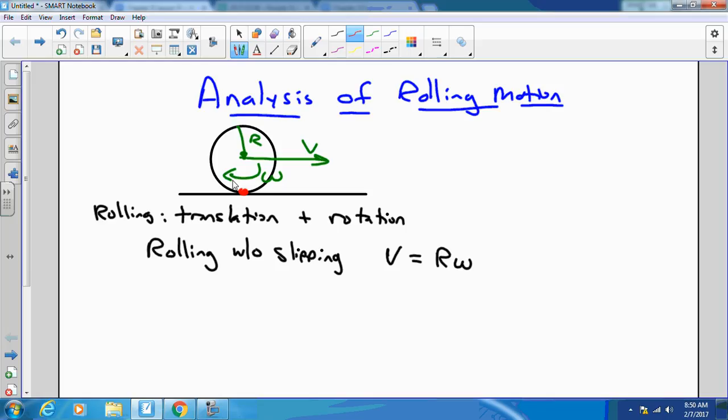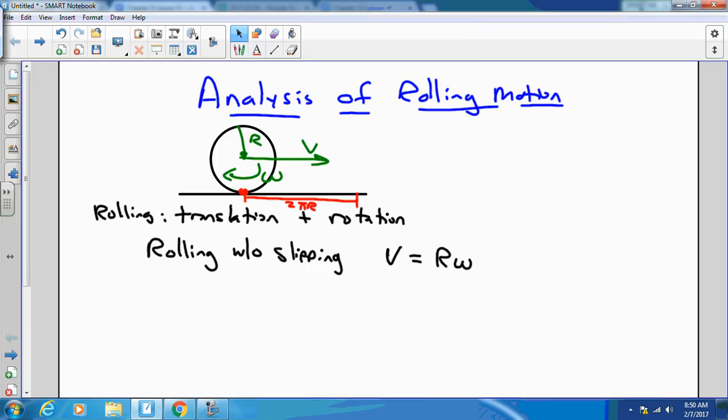If I look at a point on the outside, this point is going to undergo exactly one circumference of 2 pi r, as the center of mass also undergoes a translation of 2 pi r. And you can see that because the object is rigid.